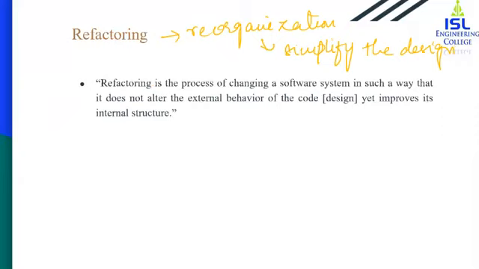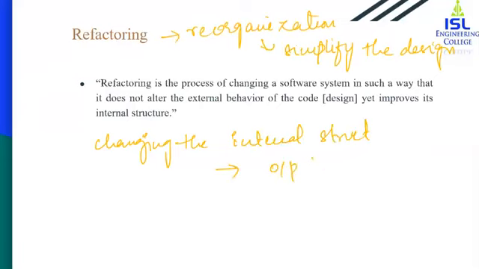Refactoring means that you are changing the internal structure. You're making changes internally, but it does not affect the output. The output is going to be the same. The output is not affected, whereas you're just enhancing the internal structure.